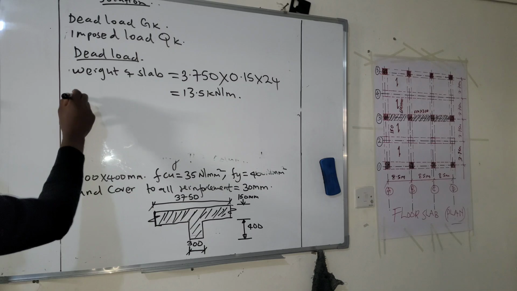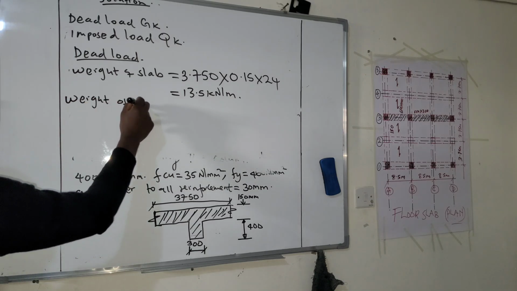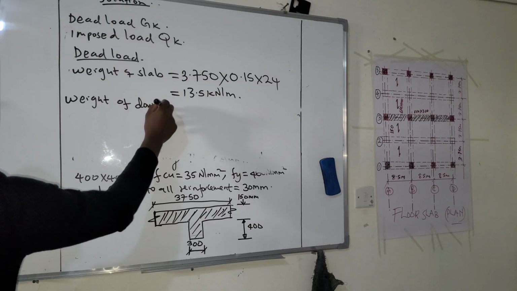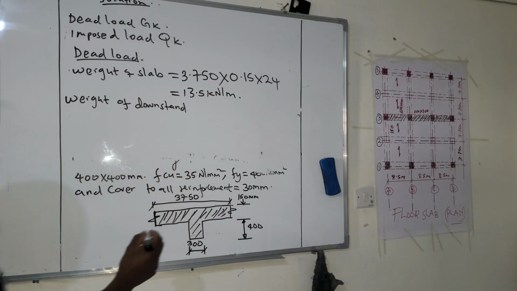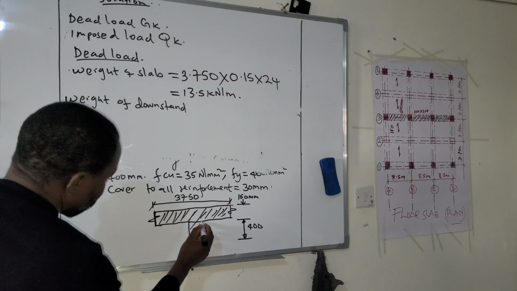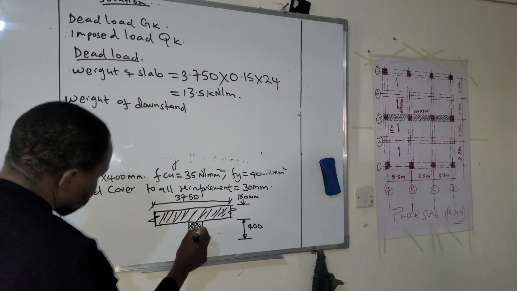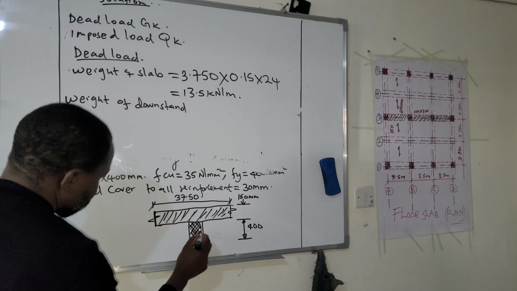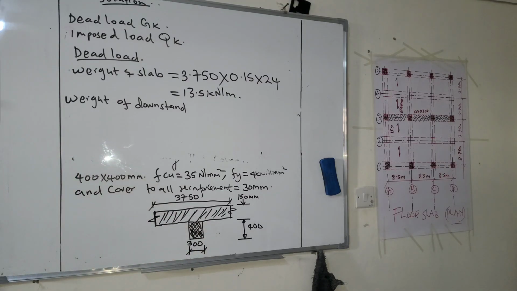And then we proceed to weight of downstand. So this is the weight of the downstand alone. So remember, this was the weight of the slab alone, which is 13.5 kilonewton per meter.